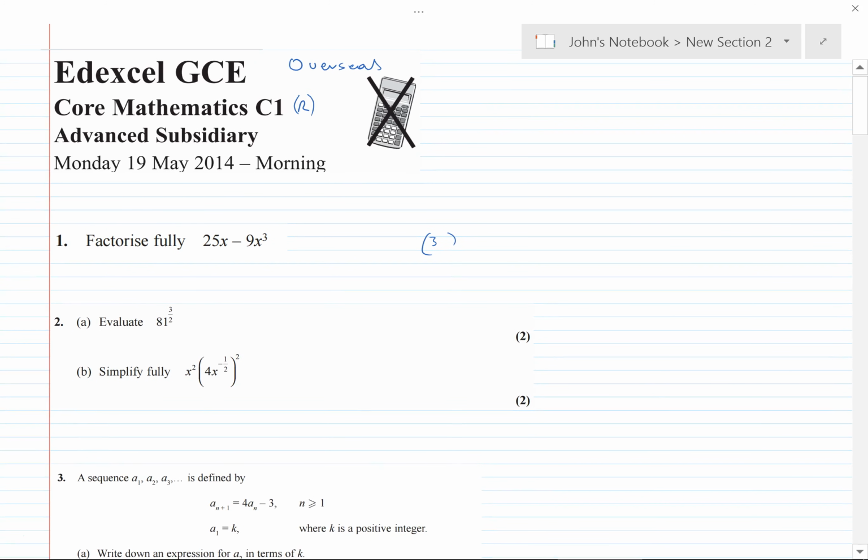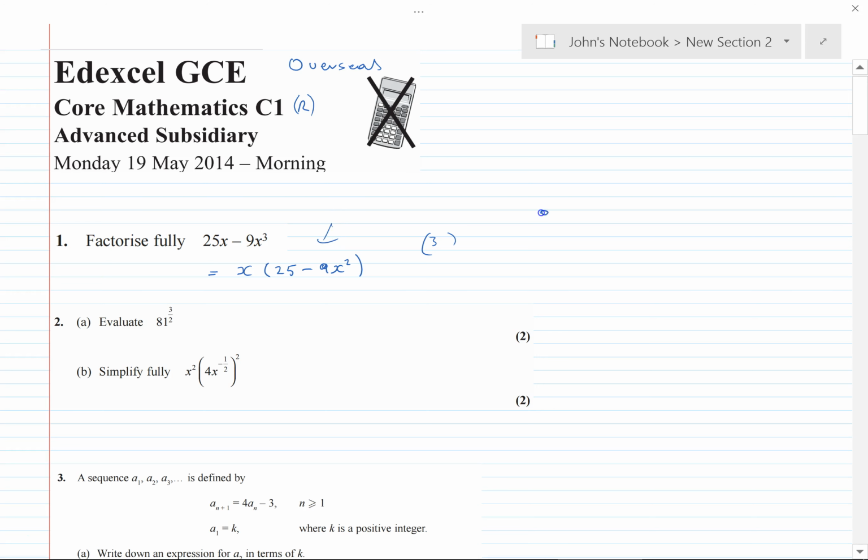Okay, it says factorise fully, and I suppose the most obvious thing to do first is take the x out. I have seen a significant number of people leave it like that. Heavens knows how you'd think that would get 3 marks, because it's obviously not fully factorised.